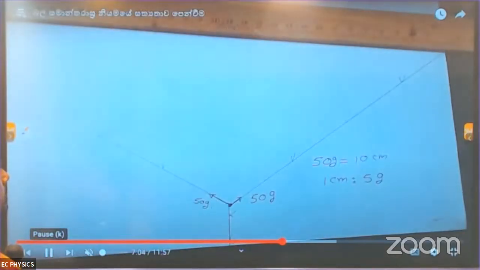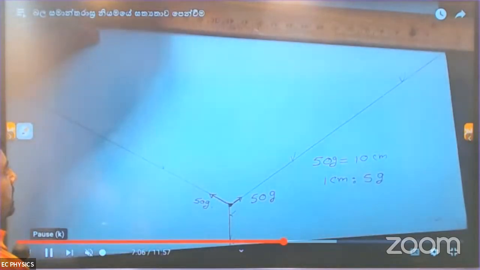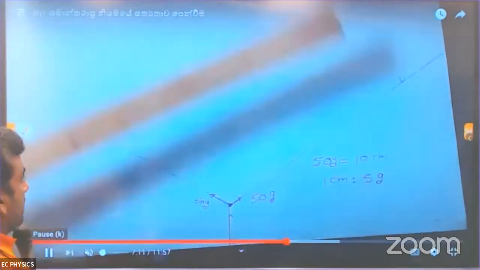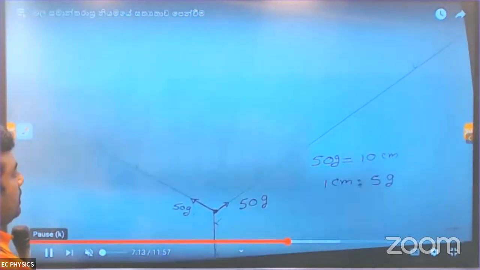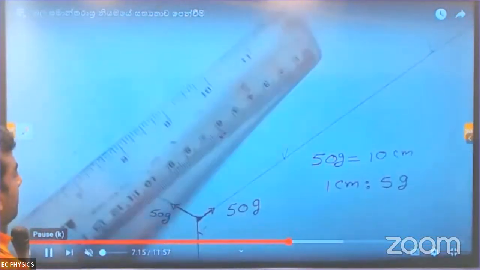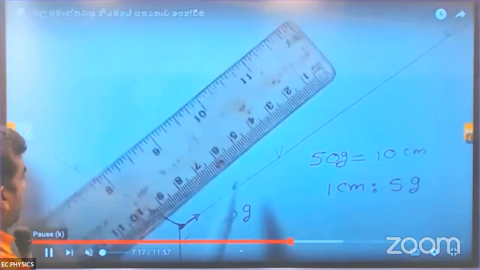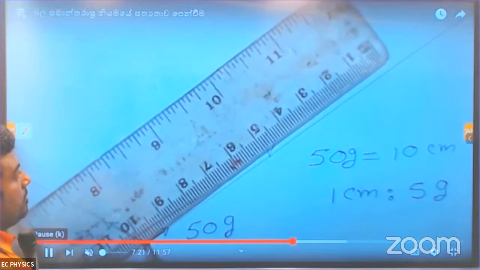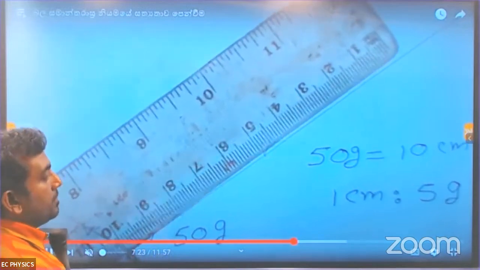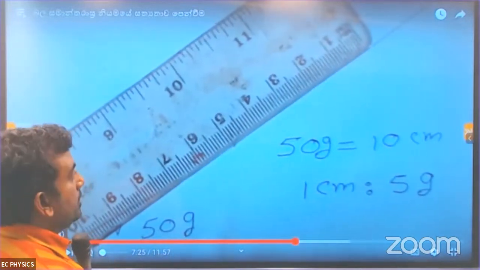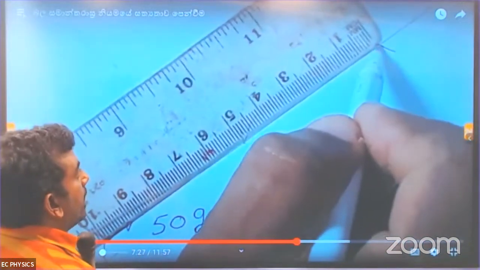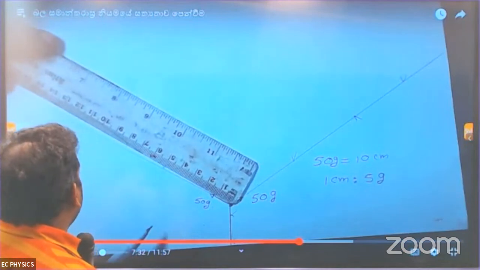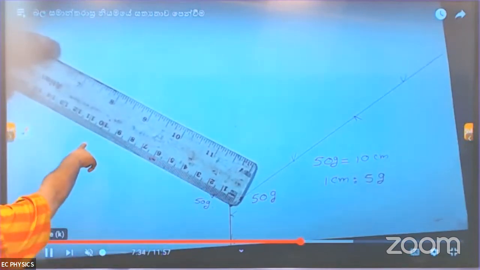Keep a ruler, mark 10 centimeters. Here to here you mark 10 centimeters.